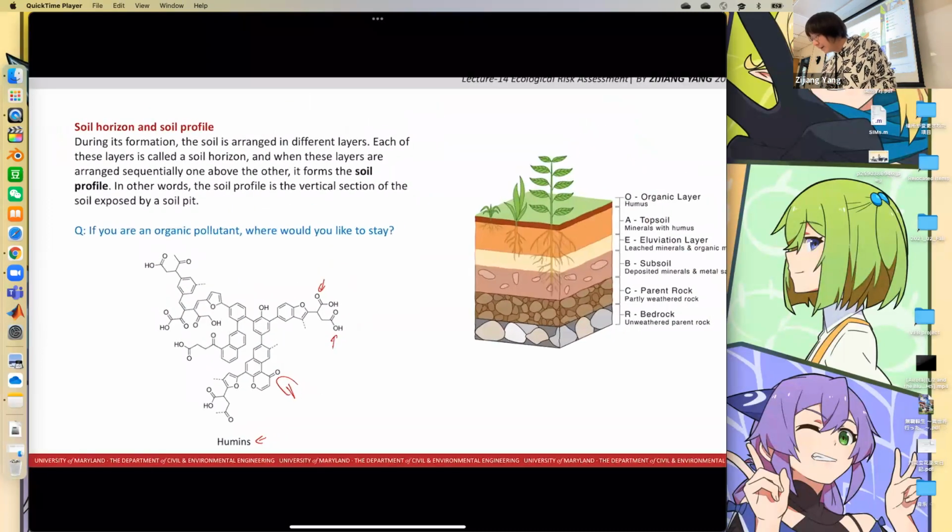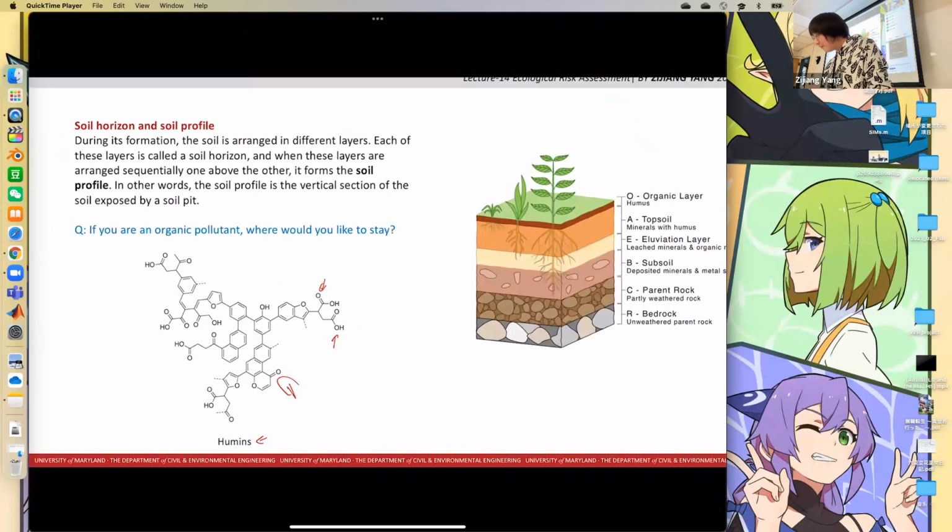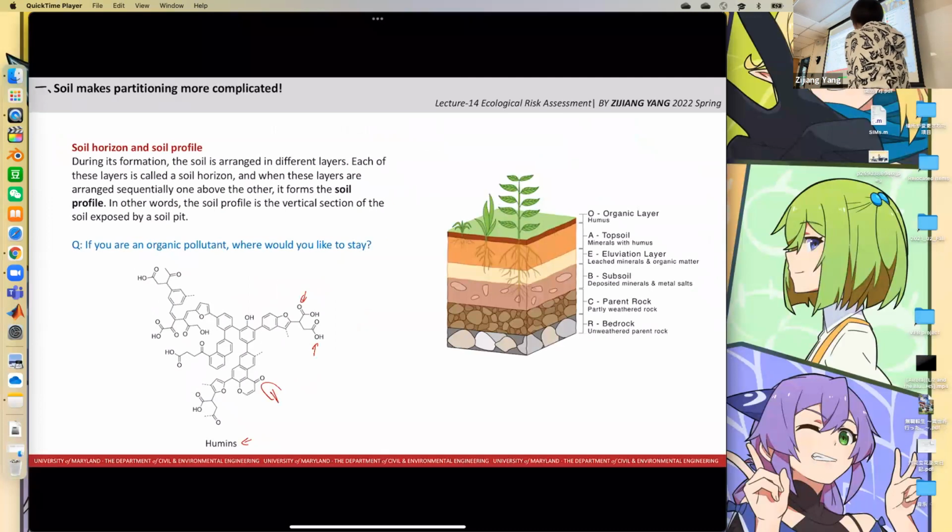Anyway, soil can be classified into different layers. During its formation, the soil is arranged in different layers, and each of these layers is called a soil horizon. When these layers are arranged sequentially, one above the other, the form is called a soil profile.